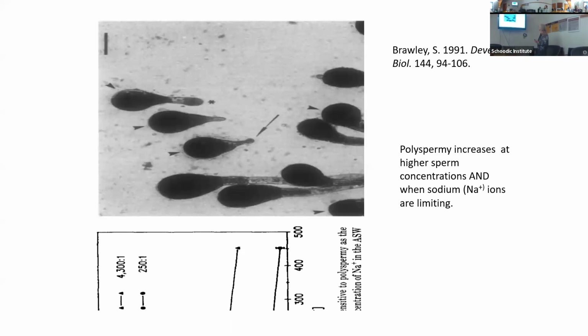And since you can't see this, I'll just tell you that as you increase the sperm egg ratio, not surprisingly, polyspermy goes up. And it gets very severe when the sodium has fallen to 45 millimolar. And these experiments are done with something else added as an osmoticum that is physiologically neutral, but can replace the osmotic effect of sodium, which is obviously huge since we're talking about seawater. You can't screw that up.